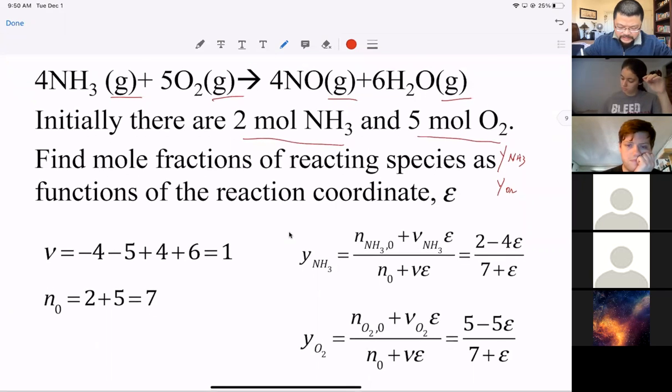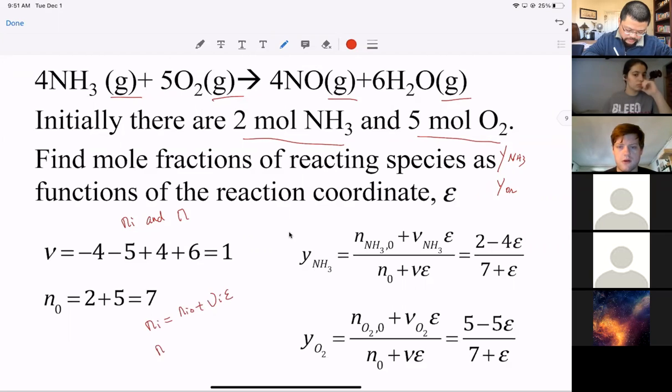So over there, first of all, we want to have the Ni expression and N of the total. So Ni will be Ni naught plus nu i times the reaction coordinate.